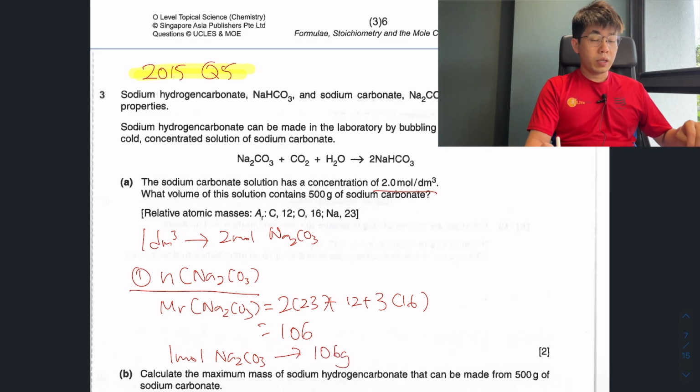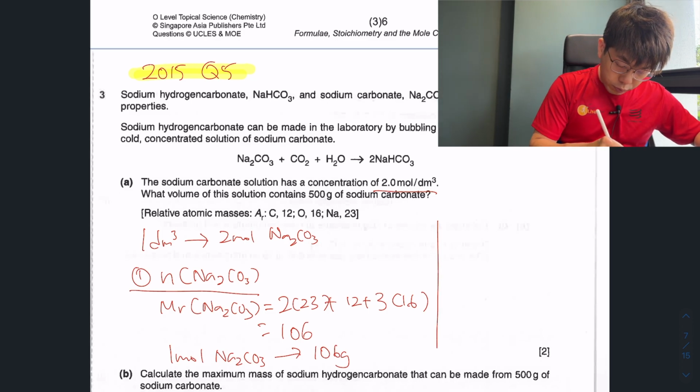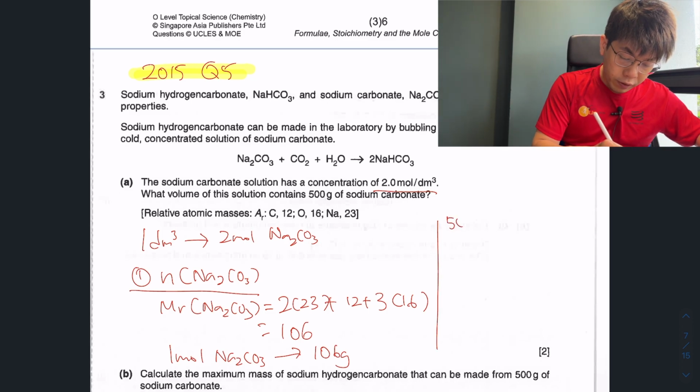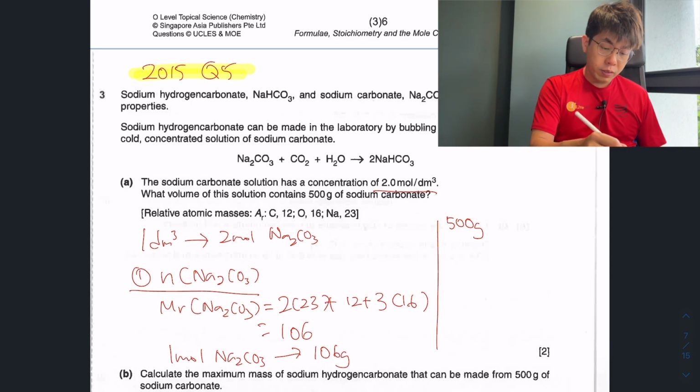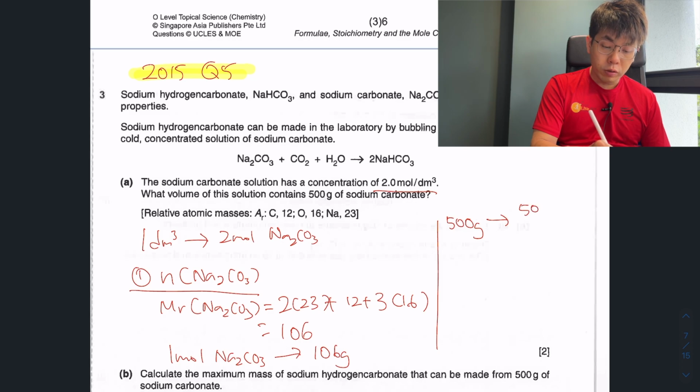So now we have 500 grams. If 1 mole is 106 grams, 500 grams will be equal to 500 divided by 106.